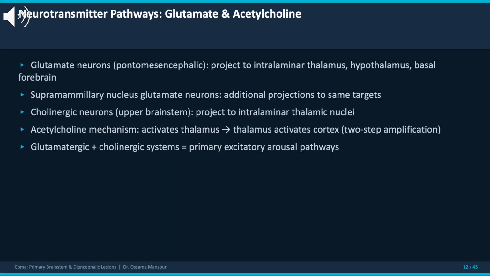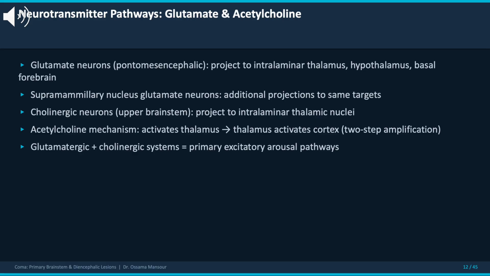Let's now dive into the specific neurotransmitter systems and pathways that constitute the ascending arousal system, beginning with the primary excitatory neurotransmitters. Glutamate-containing neurons located in the pontomesencephalic region send projections to the intralaminar nucleus of the thalamus, the hypothalamus, and the basal forebrain.